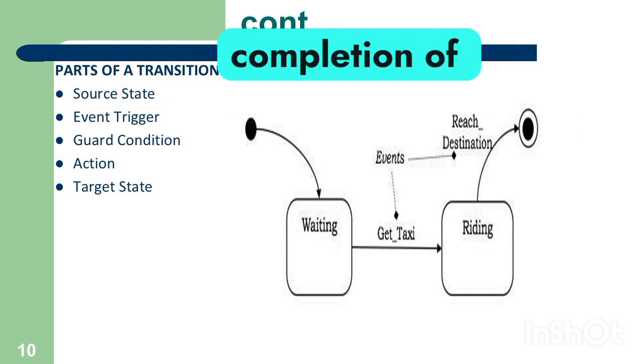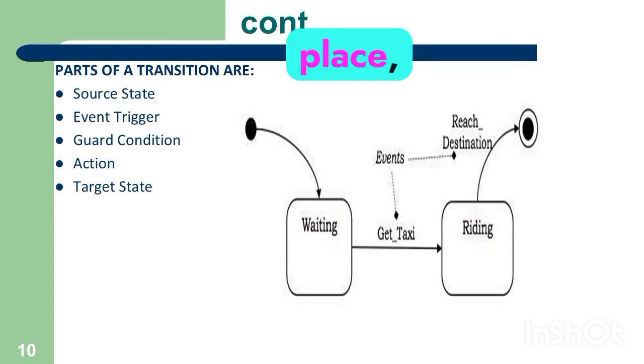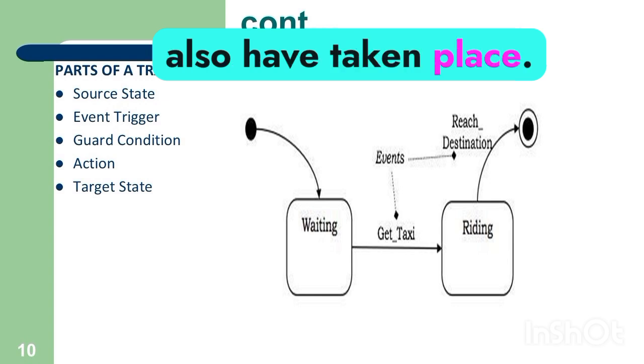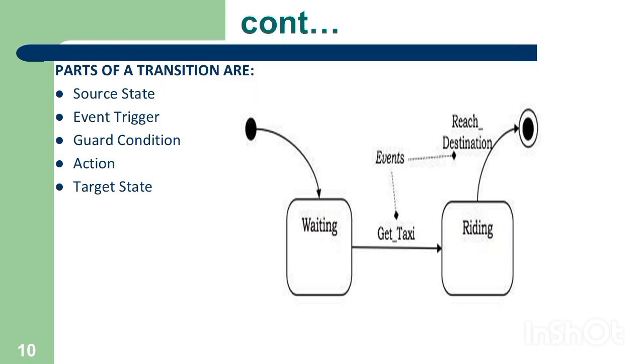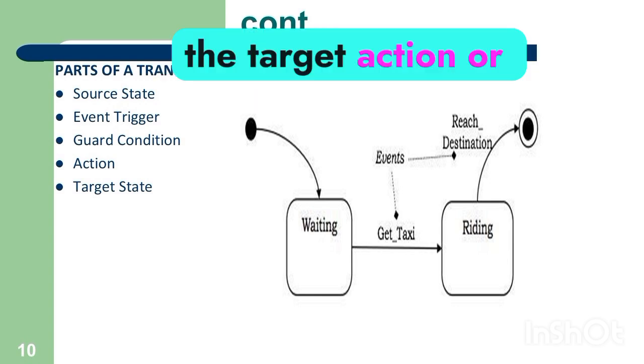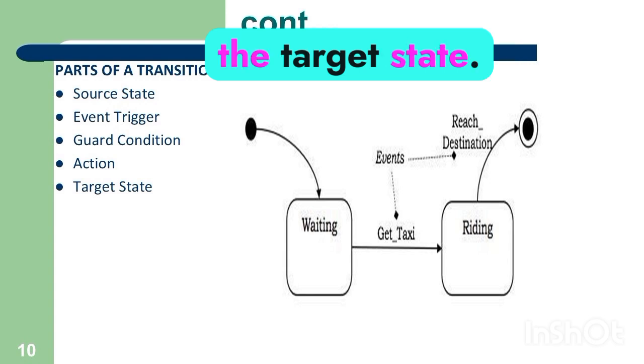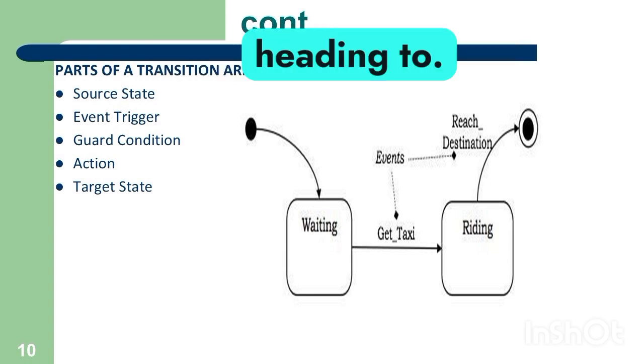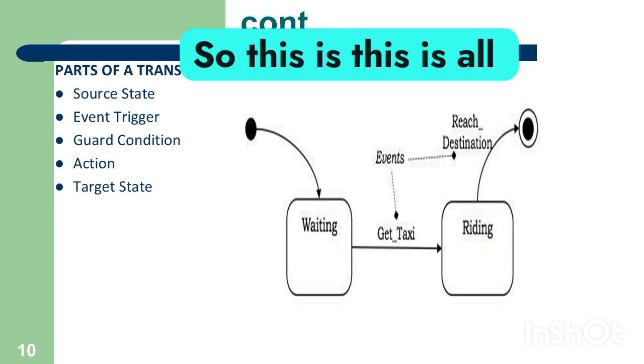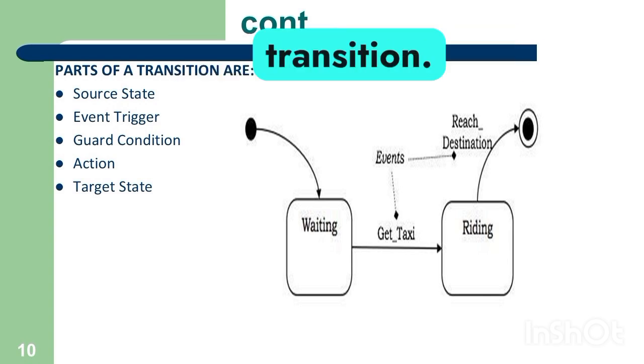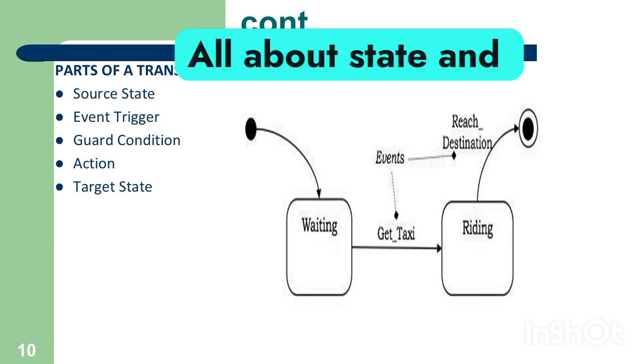So once the transition has taken place, it means the actions also have taken place. So we have the target state. It's where the state is heading to. So this is all about state and transitions.